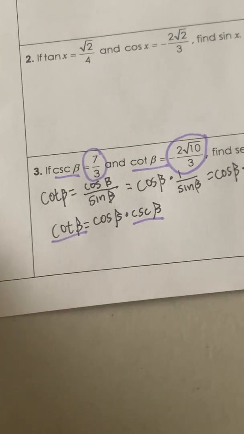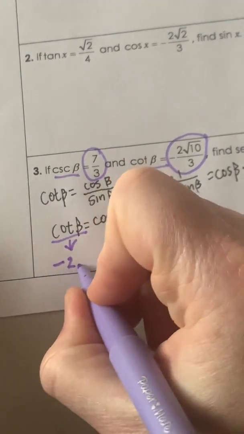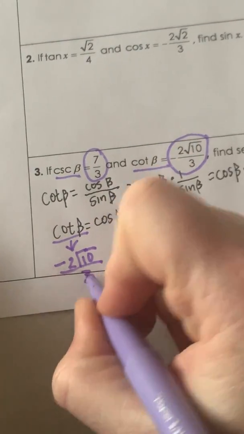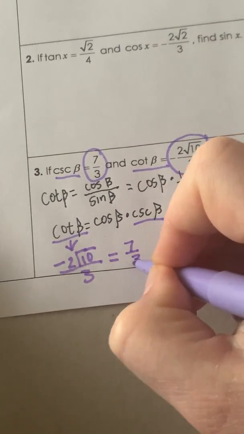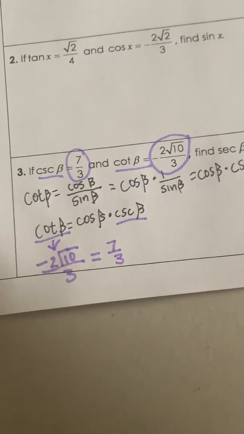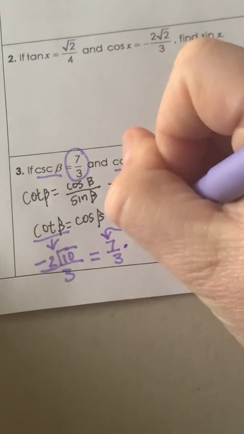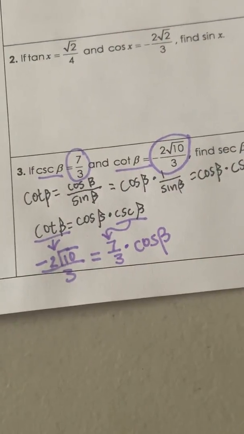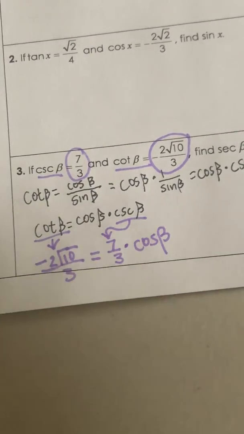Okay, so let's plug in cotangent beta is -2 root 10 all over 3. And cosecant beta is 7 over 3. Oh, sorry. I forgot the cosine beta. So 7 over 3 times cosine beta. There we go. Okay, so we'll solve for cosine beta, and then we will do 1 over that answer.